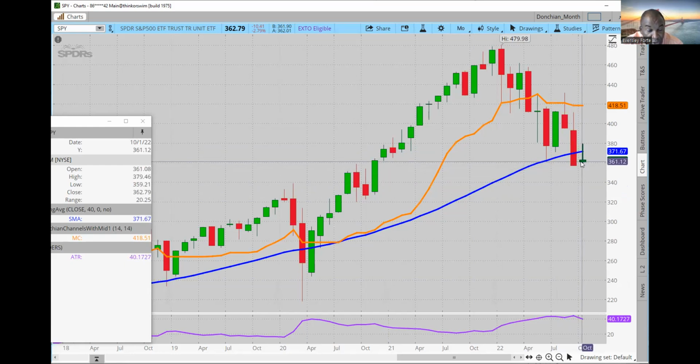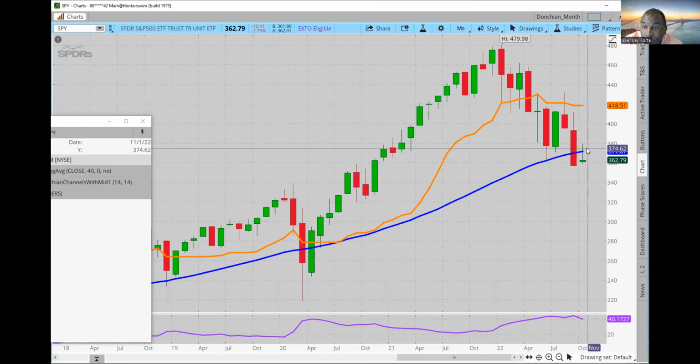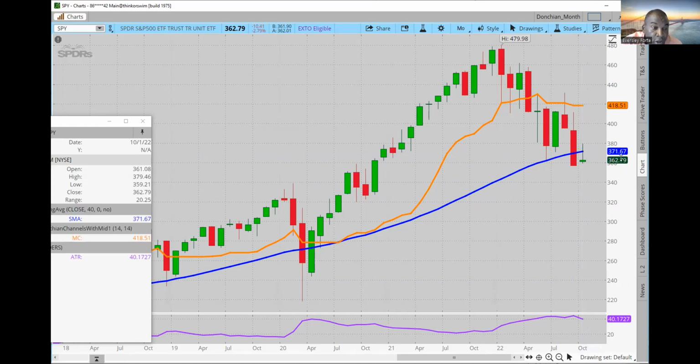Right now, we're trading below it. If October closed below and lower, then we might have a deeper pullback. But there's a really good chance that before October is over, we rally back up and get above this monthly support level.